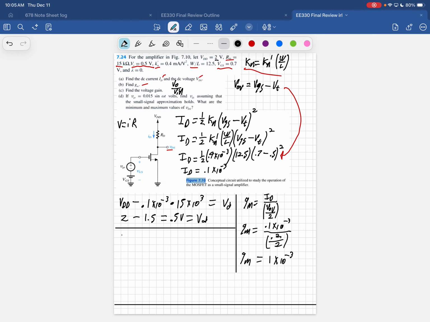They use the equation for this type of amplifier, not applicable to all amplifiers. AVO equals negative GM times RD. Pretty simple. That's why they have you find GM.